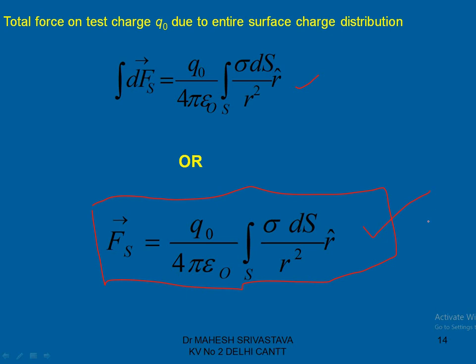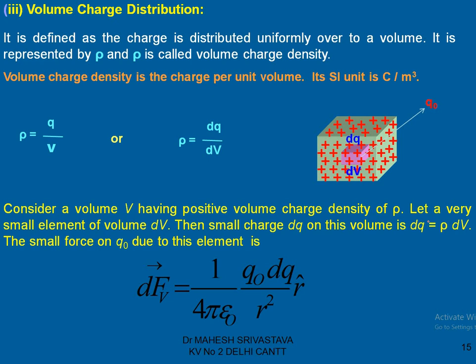Now similarly we explain volume charge distribution. Volume charge distribution is the distribution of charge uniformly over a volume, and it is represented by rho. This rho is called volume charge density, that is charge per unit volume, and its SI unit is coulomb per meter cube.